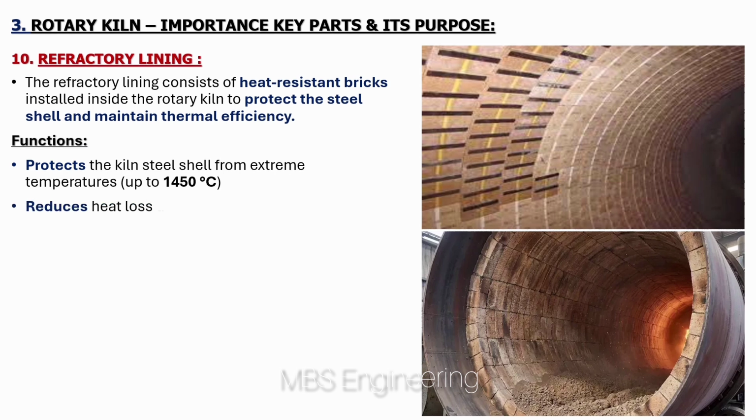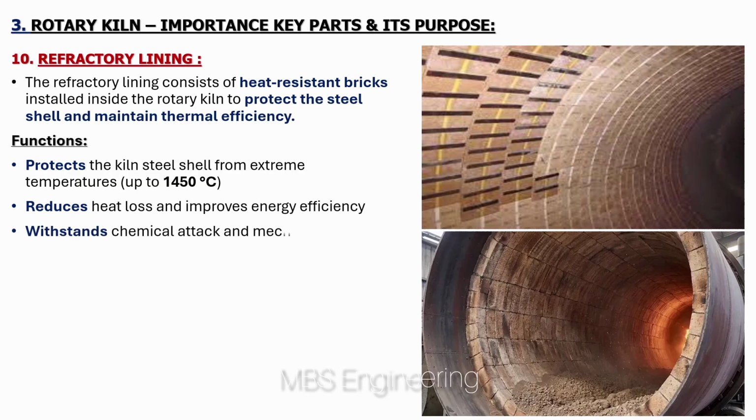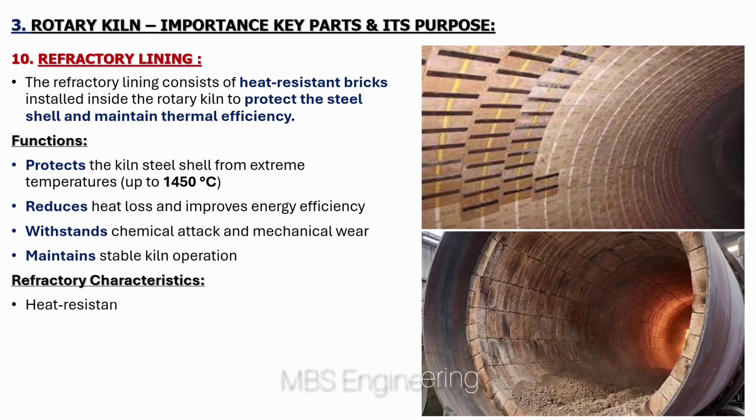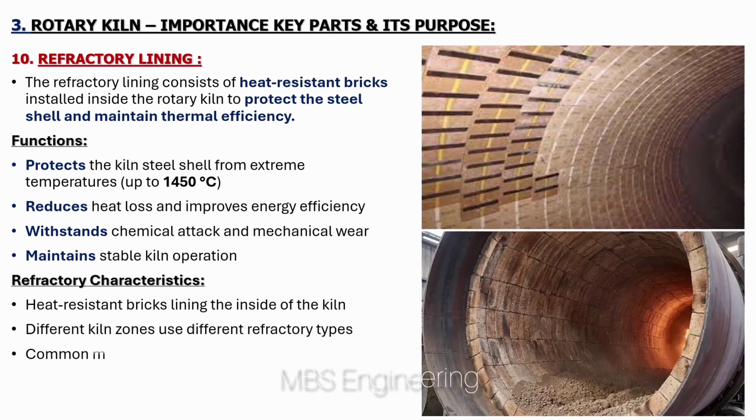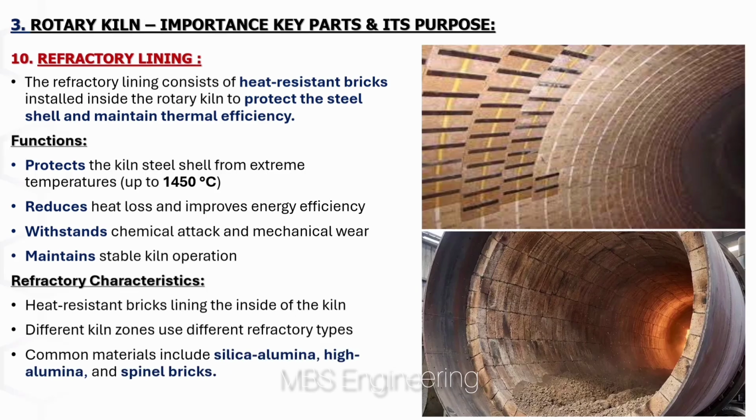Reduces heat loss and improves energy efficiency. Withstands chemical attack and mechanical wear. Maintains stable kiln operation. Refractory characteristics: heat-resistant bricks lining the inside of the kiln. Different kiln zones use different refractory types. Common materials include silica alumina, high alumina, and spinel bricks.